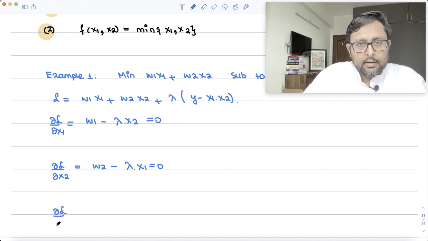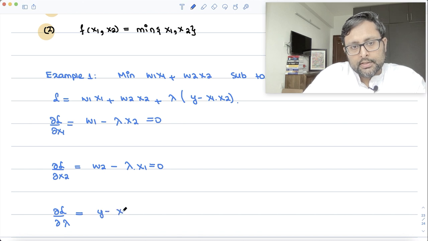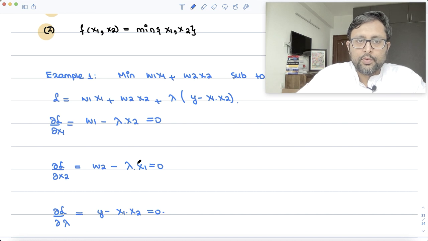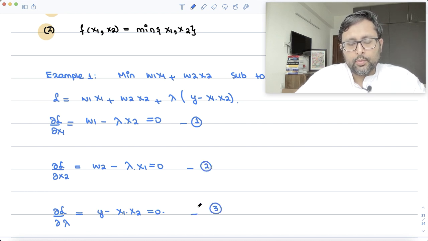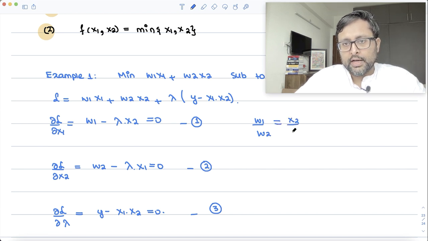And del L by del lambda is equal to y minus x1 x2 equals 0. Right? So these are my equation 1, equation 2, and equation 3. You divide the first by the second. What will you get? W1 by W2 is equal to x2 by x1.